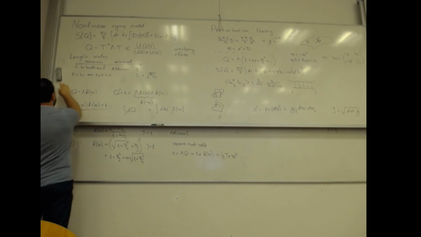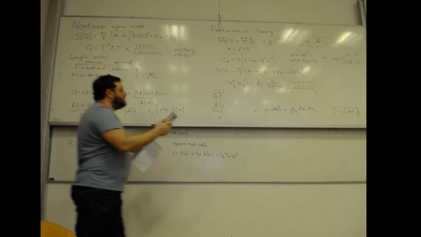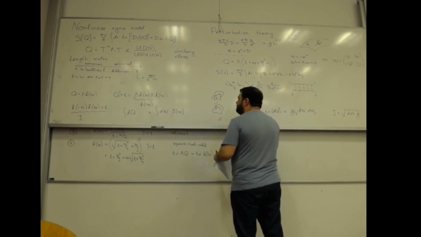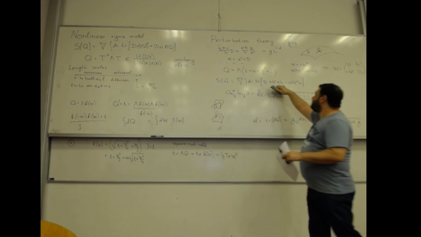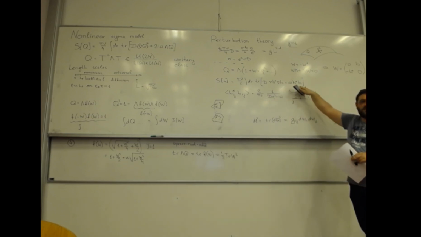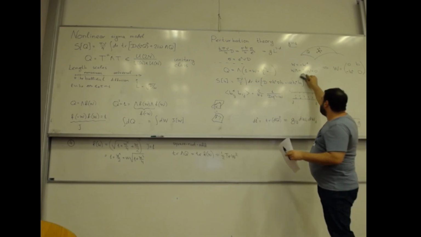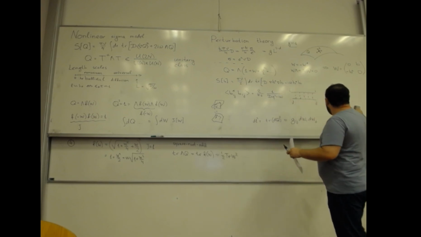I already have my action up to the second term, and it's the same in any parameterization. Even the Dyson matrix is still the same because up to quadratic terms, all parameterizations are equivalent.